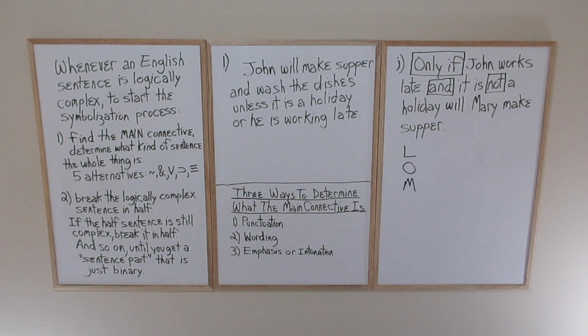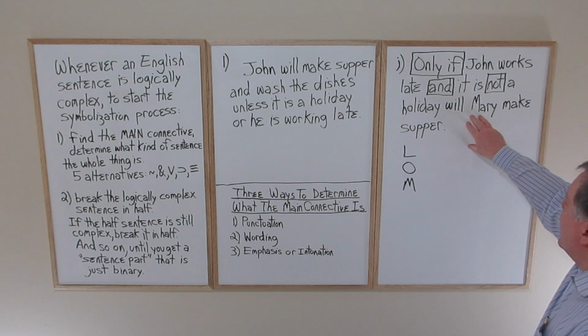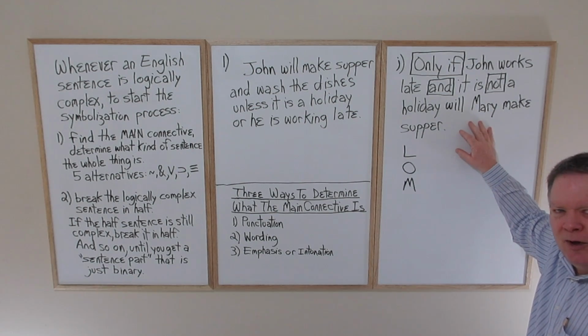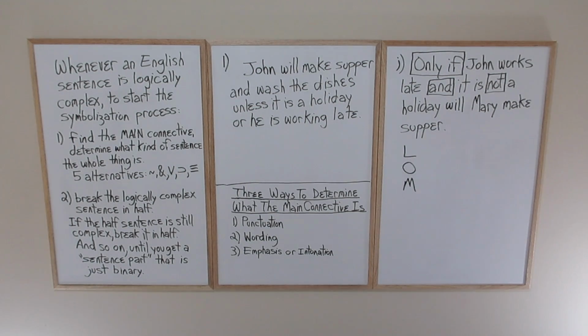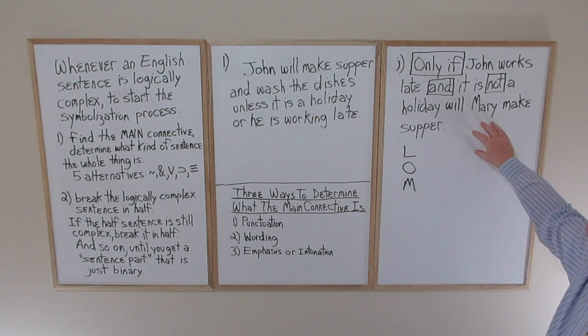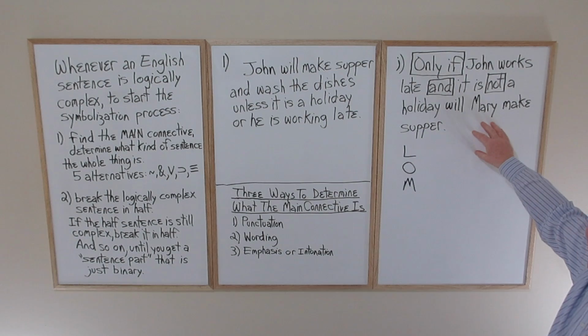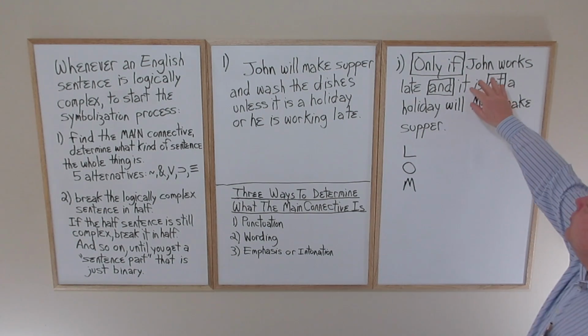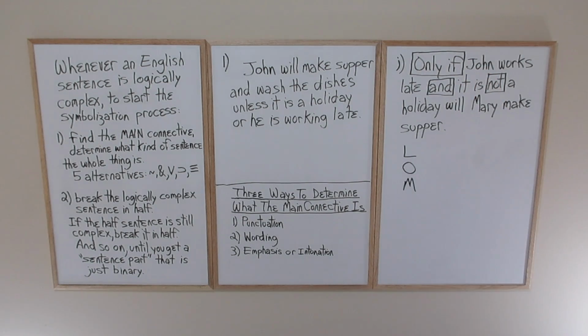That's an odd sort of sentence fragment. It's a half conditional. And the part after the word and, it is not a holiday, will Mary make supper. That's a string of words that doesn't really make sense. That's what tells us that this sentence isn't a conjunction. So it must then be a conditional.